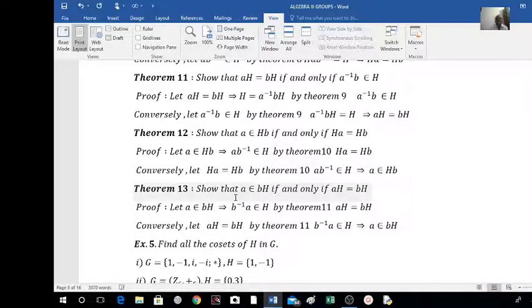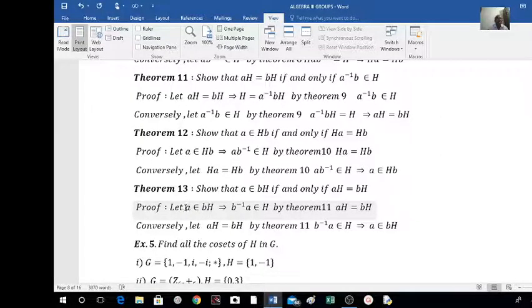Show that A belongs to BH if and only if AH equals BH. Here I will use theorem number 11: if AH equals BH, then A inverse B belongs to H. Let A belong to BH.